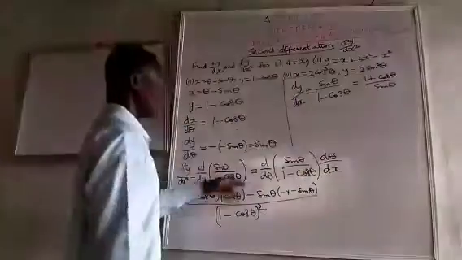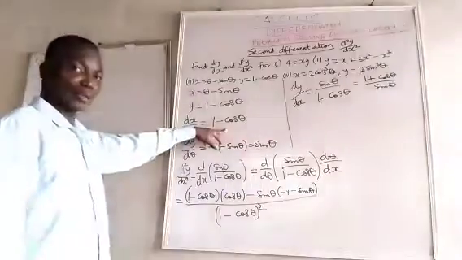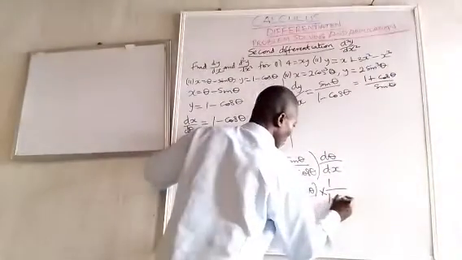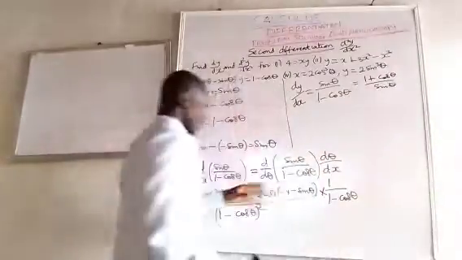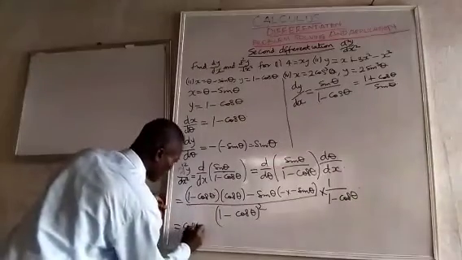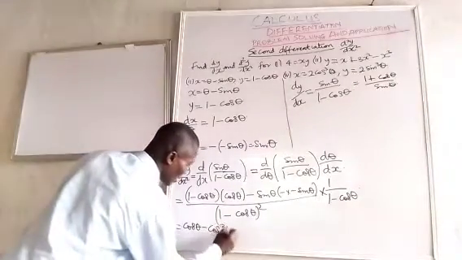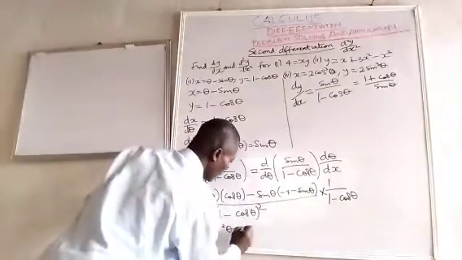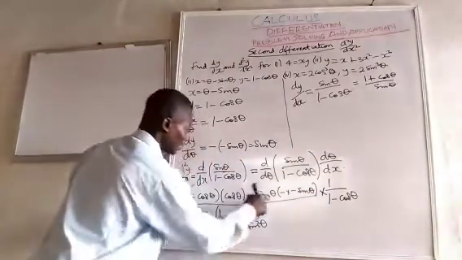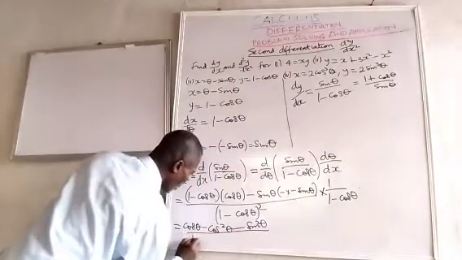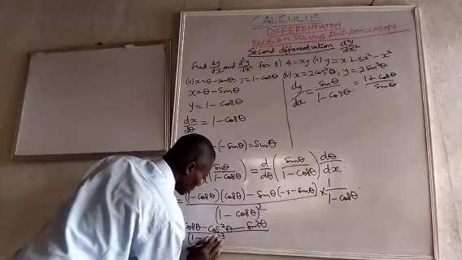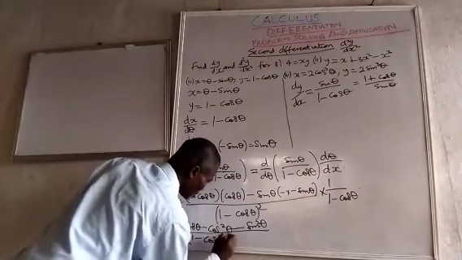And what is d theta dx? That is 1 over 1 minus cos theta times 1 over 1 minus cos theta. So you can see, very simple. Now I have cos theta minus cos squared theta minus sine theta times minus sine theta, that is plus sine squared theta, over 1 minus cos theta all cube.